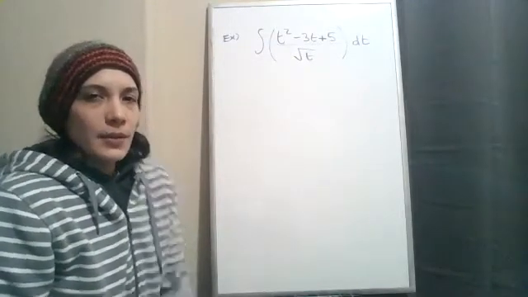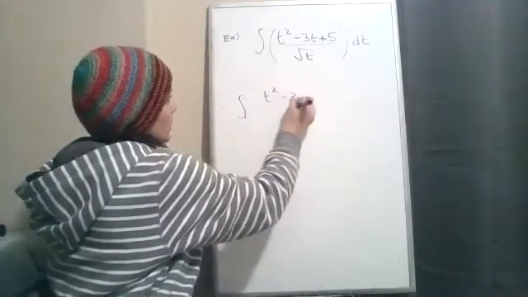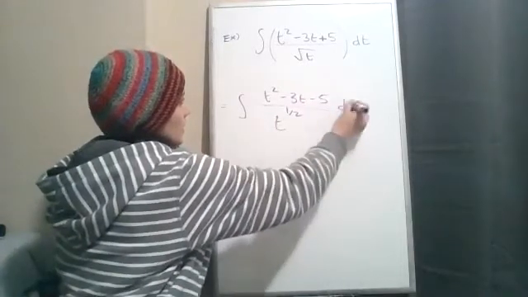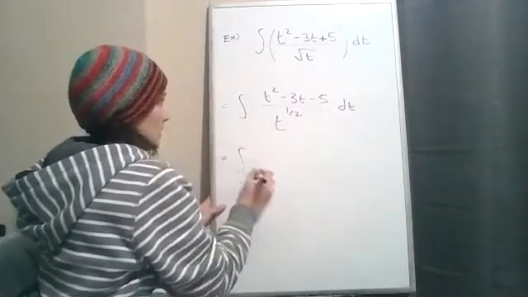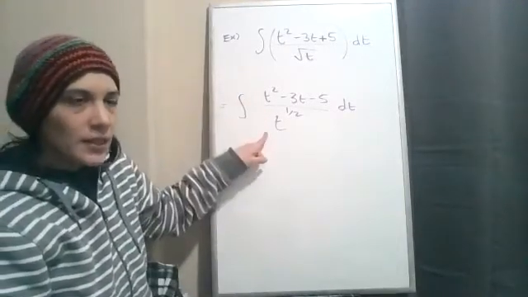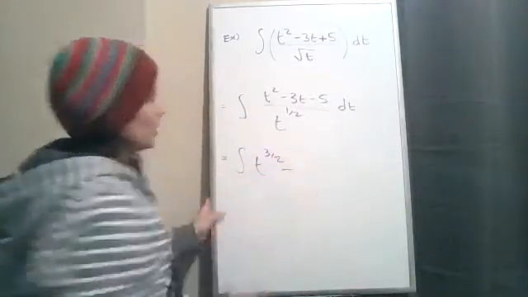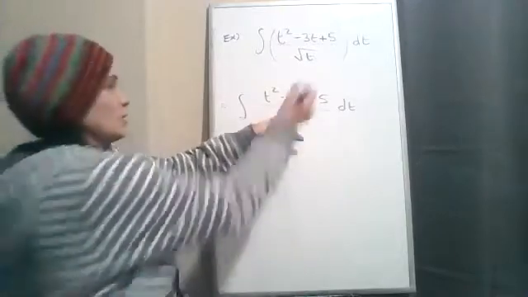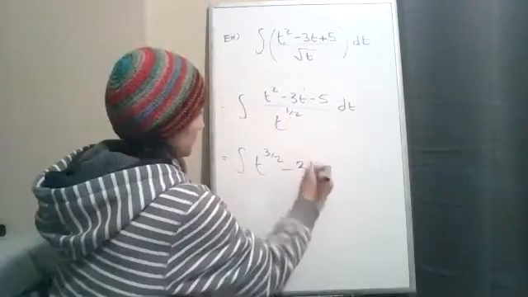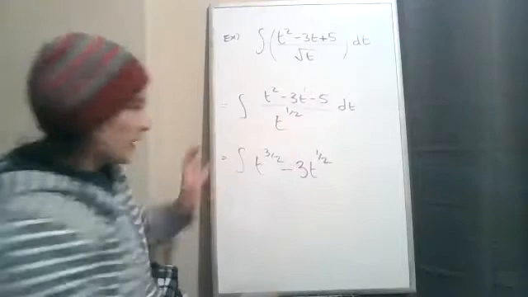All right, let's rewrite what's in there. Integral of t squared minus 3t minus 5 over the square root of t. Split this up: t squared over t to the 1/2, then 3t with this power 1 minus 1/2, and then minus 5 times t to the negative 1/2.